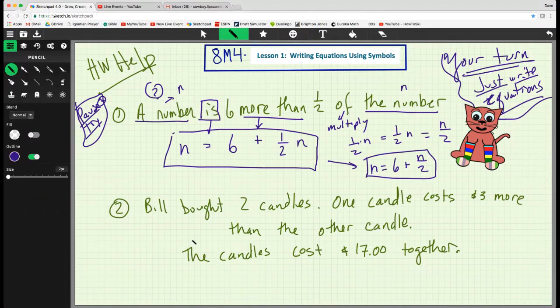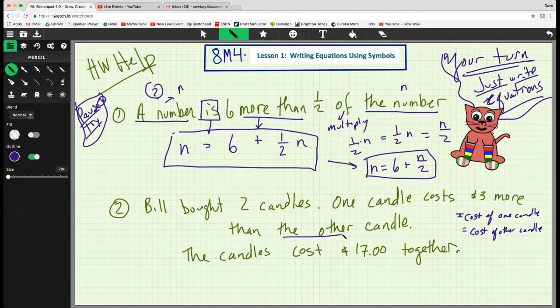Okay. Bill bought 2 candles. One candle costs $3 more than the other. I assume you've tried this one too. So one candle costs $3 more than the other candle. So what is it that I don't know? Well, I don't know the cost of a candle, the cost of one candle, and I don't know the cost of the other candle.